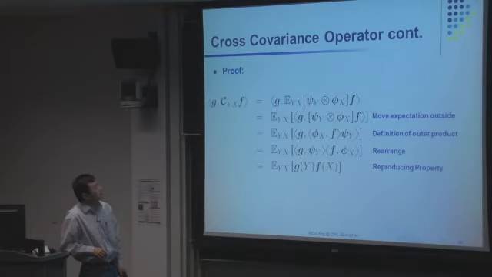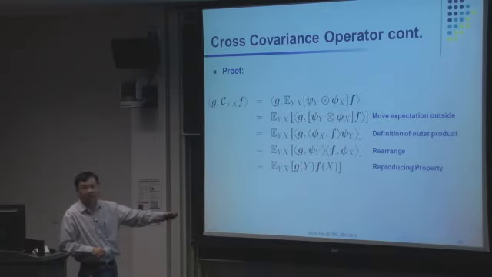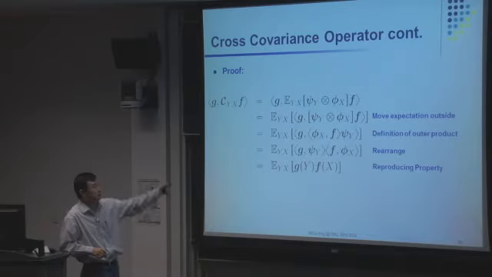And now we can easily prove this: the expectation over 2 functions, the cross covariance between the 2 functions, corresponds to these linear operations in the Hilbert space. And here is a simple proof, right?